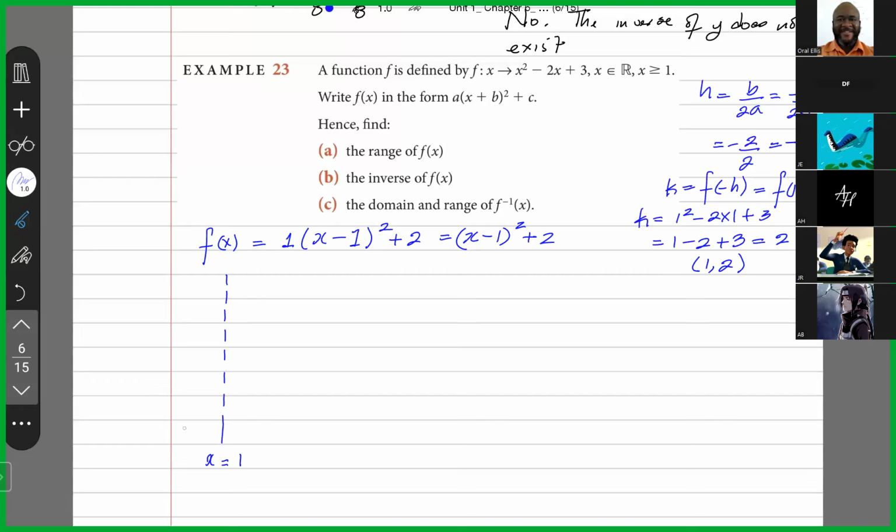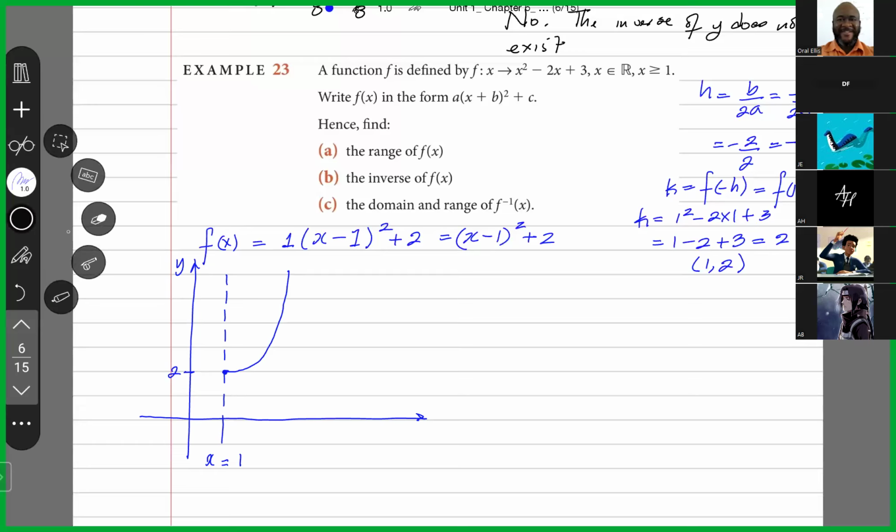All right, let us say that this is my y-axis, x-axis. If here is 2, the graph starts here and actually goes up like this. That is an idea of what the graph would look like.